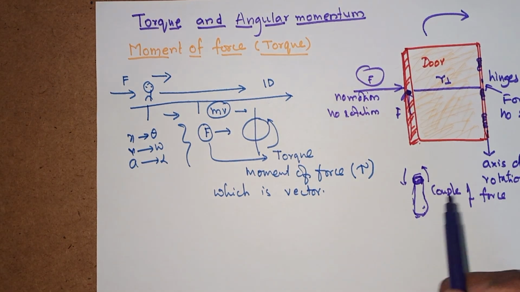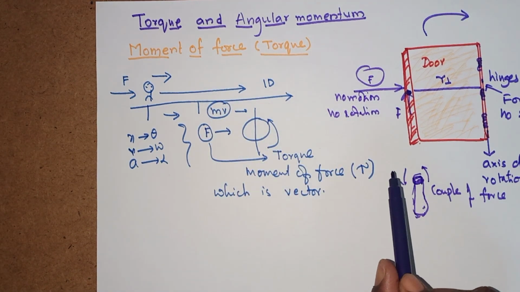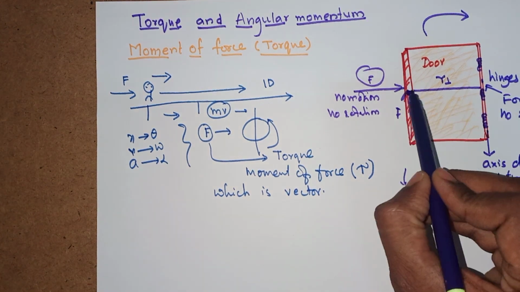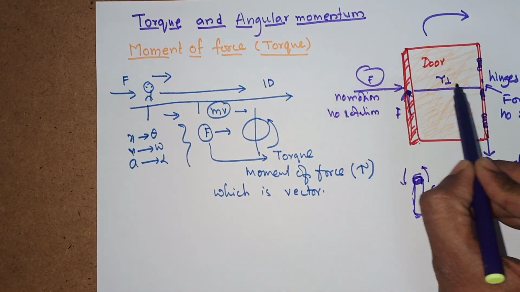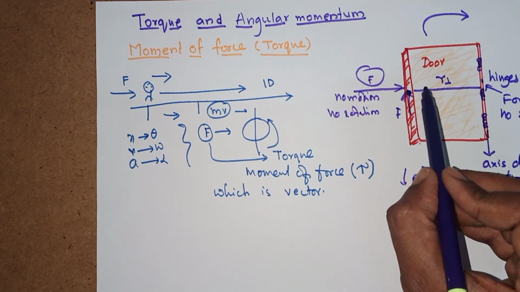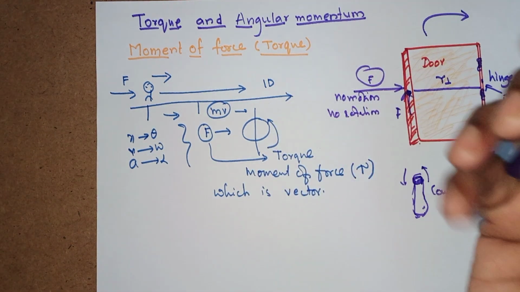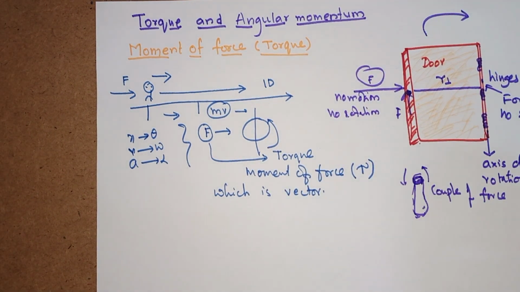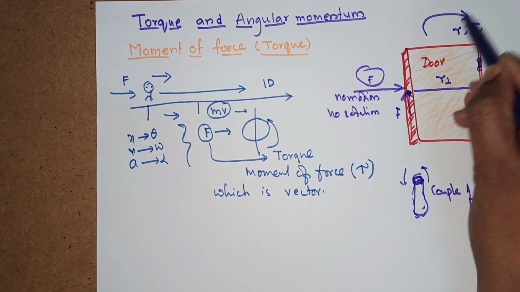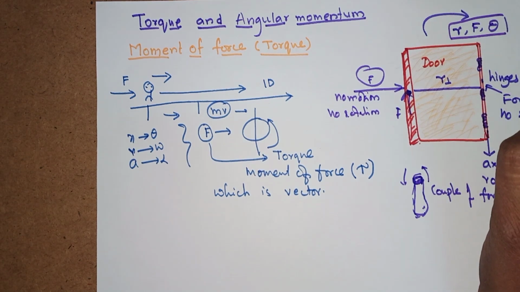Similarly, for a couple of forces, the moment of force, we generalize it as torque. When we discuss torque, one thing is the force required, the other is the perpendicular distance, and also the angle theta between them, whether you apply the force in this direction or that direction. The distance, the force and the angle play an important role in determining the magnitude of the torque.